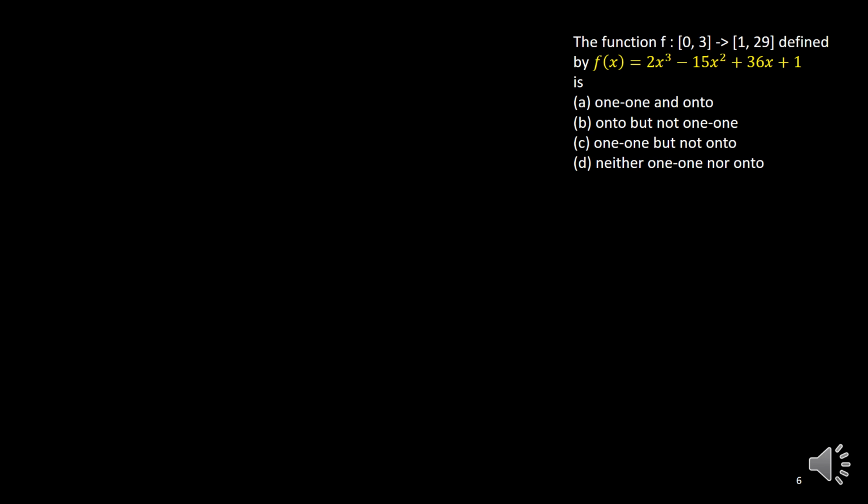You can see that f prime x is given as 6 times (x minus 2)(x minus 3), and the function f of x is 2x cube minus 15x square plus 36x plus 1. Now we need to draw the total function.